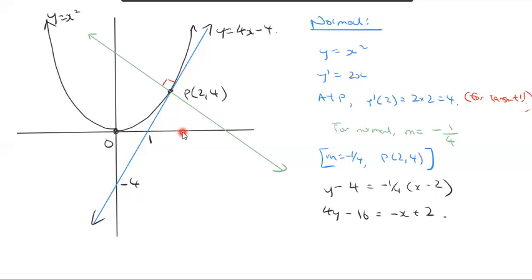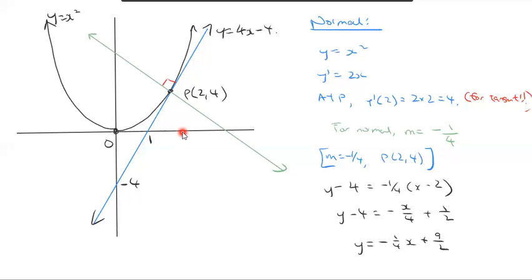And so you could get something like, I'll do it in y equals mx plus b form, probably easier. So y minus 4 equals -x/4 plus 1/2. So y must equal negative a quarter x plus 9 over 2, which you can then work out means that this is going to be 9 over 2.